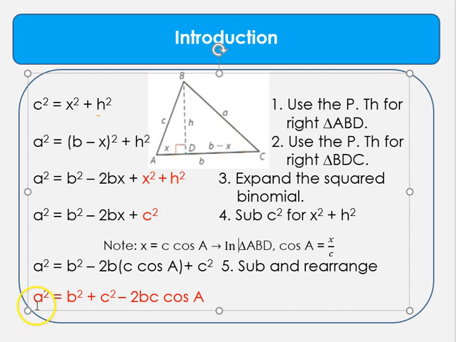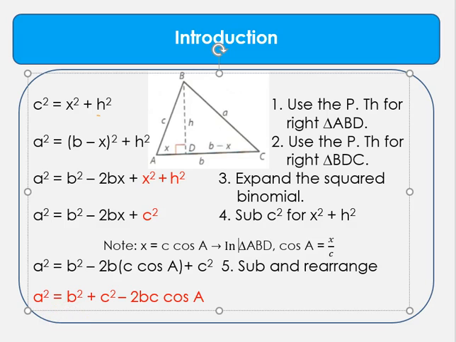And now we can go ahead and state the final equation by rearranging again, and we have a squared equals b squared plus c squared, which is something that you are used to seeing, minus 2bc cosine A.